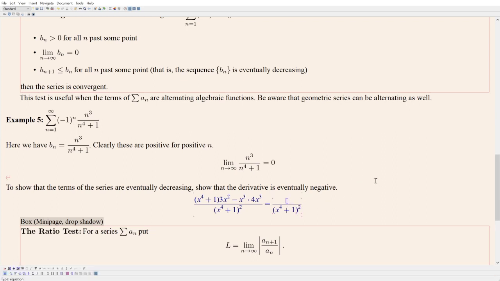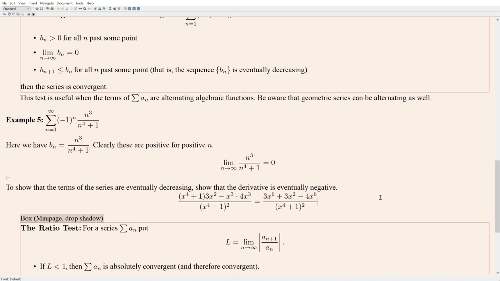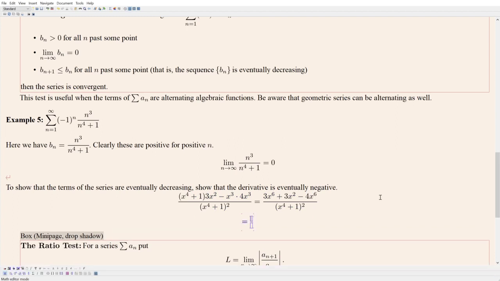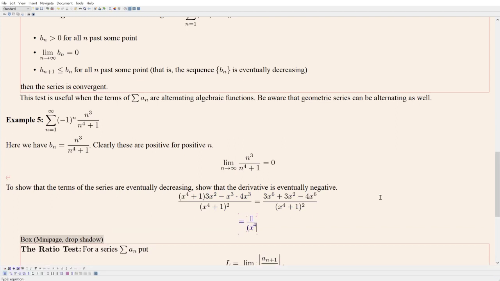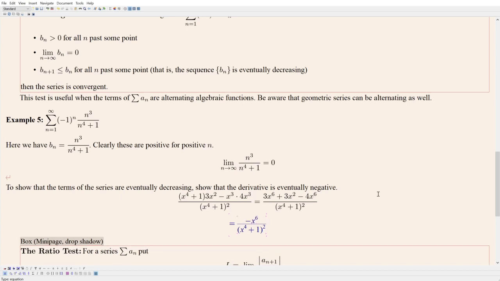So let's see. Distributing, we get 3x to the 6 plus 3x squared minus 4x to the 6. 3x to the 6 minus 4x to the 6, so that's minus 1x to the 6, and we still have that 3x squared there.